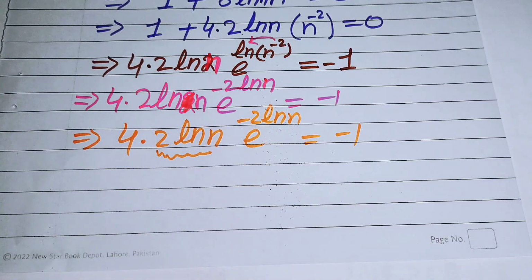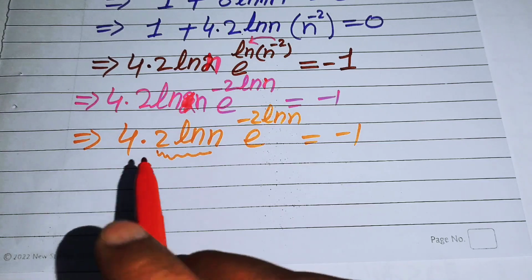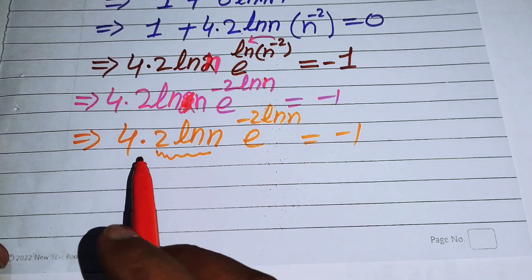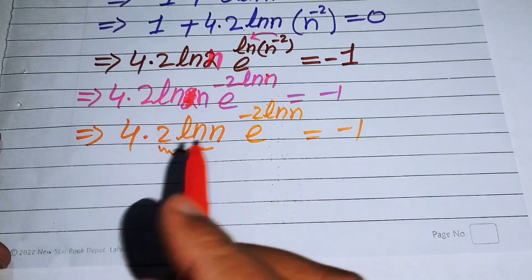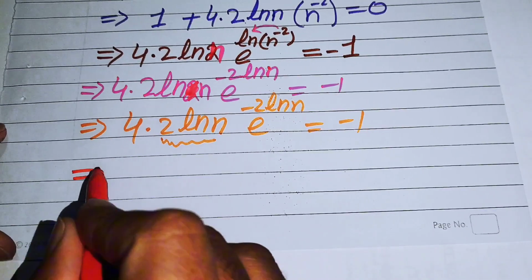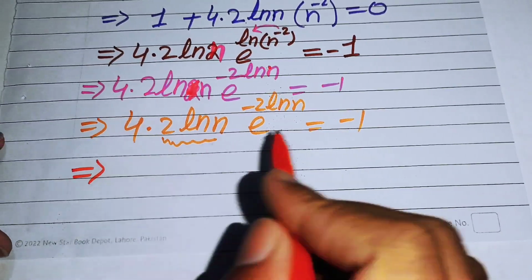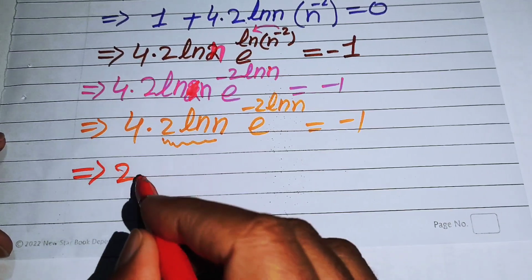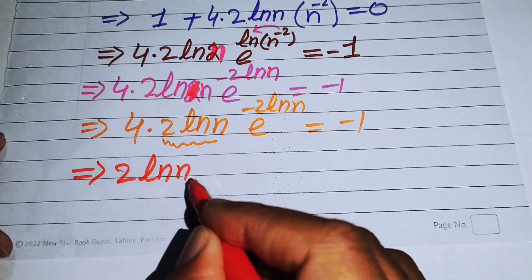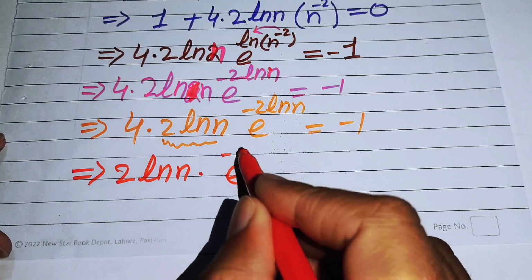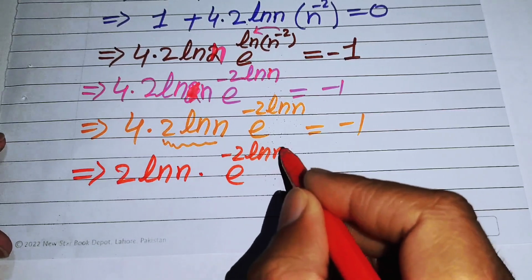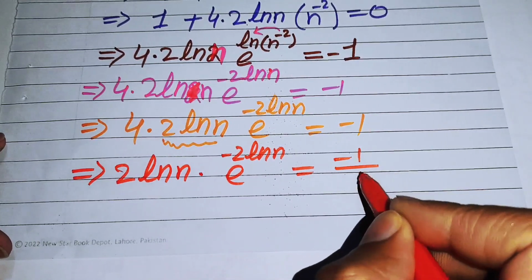So we can multiply both sides by minus 1, and we move this 4 to the right hand side. Then you get 2 times ln of n into e to the power of minus 2 times ln of n equals minus 1 over 4.